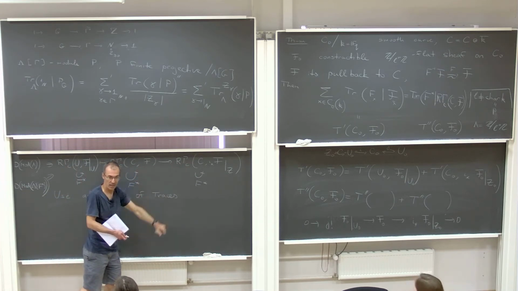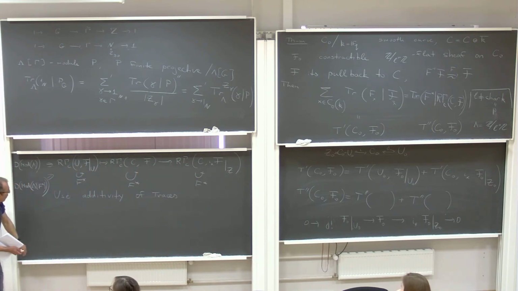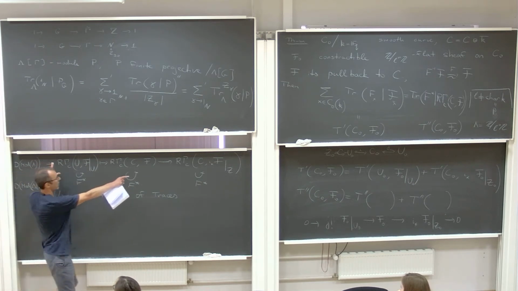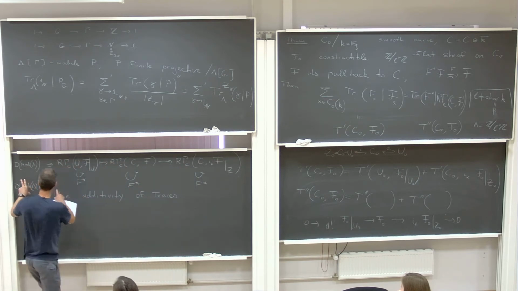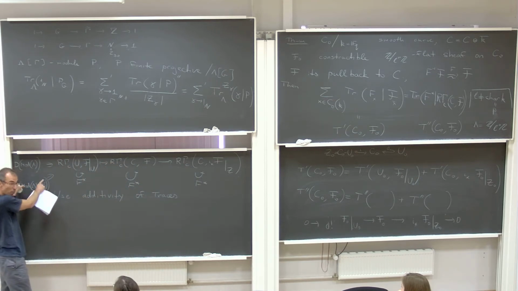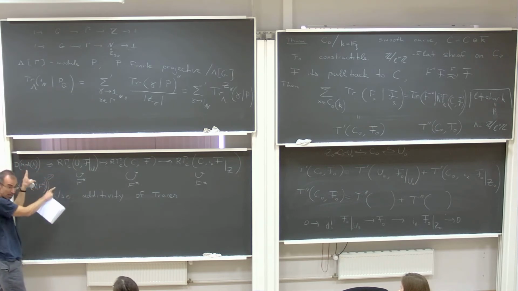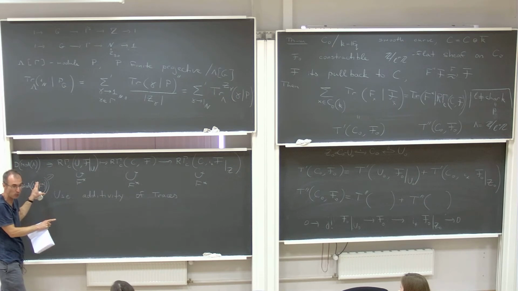And the proof that I gave actually shows that if you have an exact triangle of objects here, as opposed to objects here with Frobenius endomorphism, then the statement is true. The additivity holds.